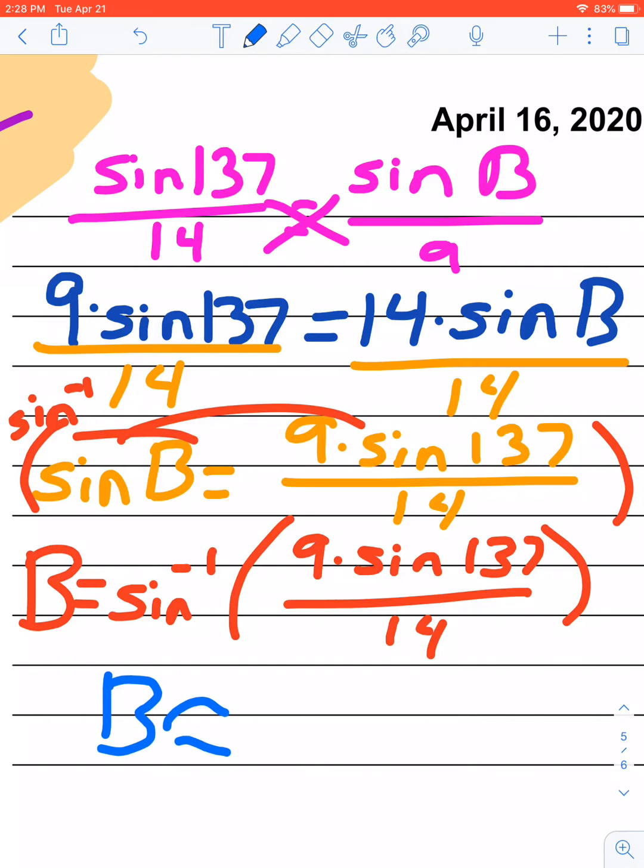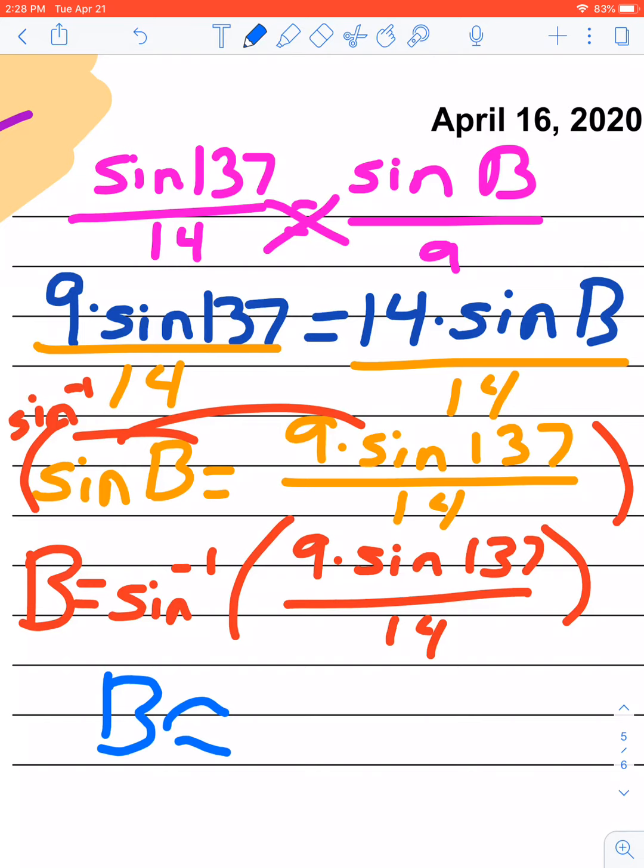So again, just to recall, I like to do the numerator first. So 9 times sine of 137, enter. Divide that answer by 14, enter. And then take that entire answer and put it into the sine inverse. And I get 26.0035, so angle B is 26 degrees.